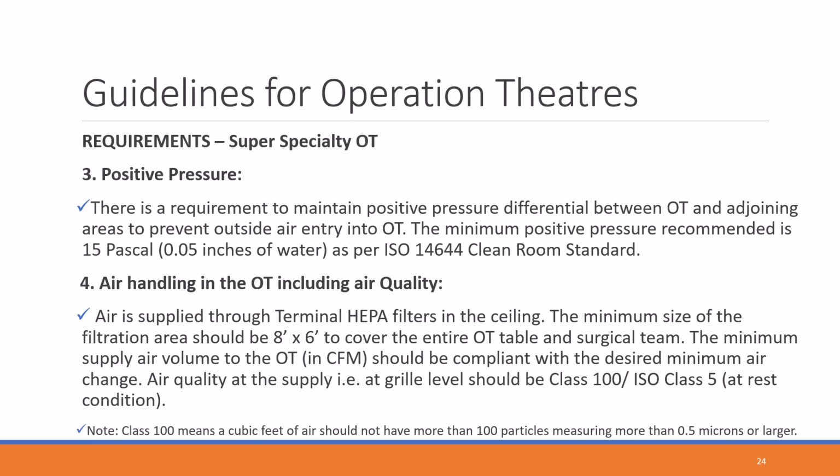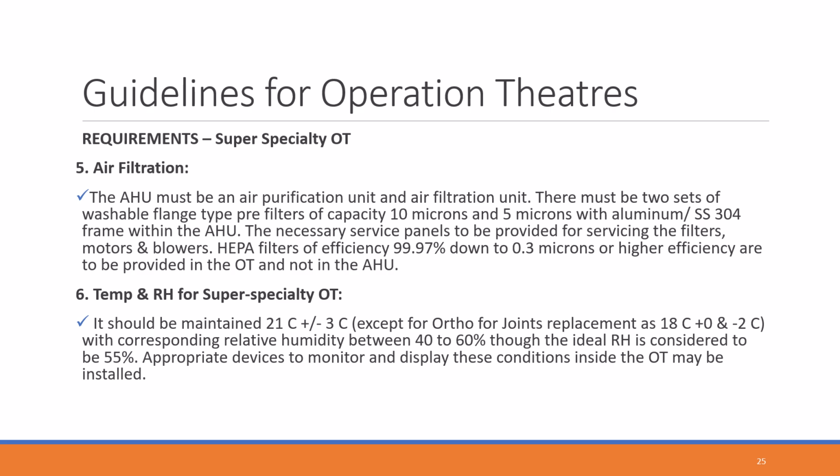The minimum supply air volume to the OT in CFM should be compliant with the desired minimum air change. Air quality at the supply, that is at grill level, should be class 100 or ISO class 5 at rest condition. Note, class 100 means a cubic foot of air should not have more than 100 particles measuring 0.5 micron or larger. Air filtration: the AHU must be an air purification unit and air filtration unit.